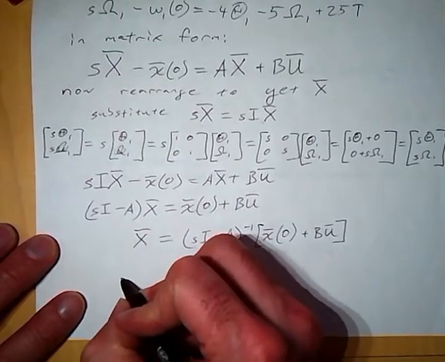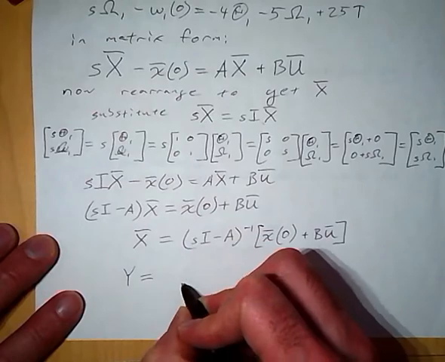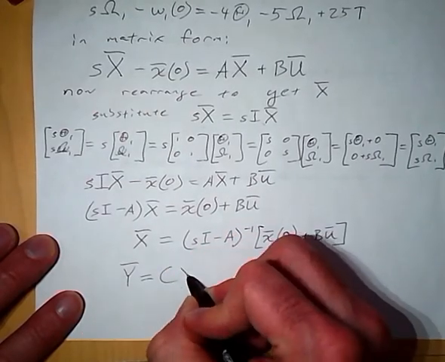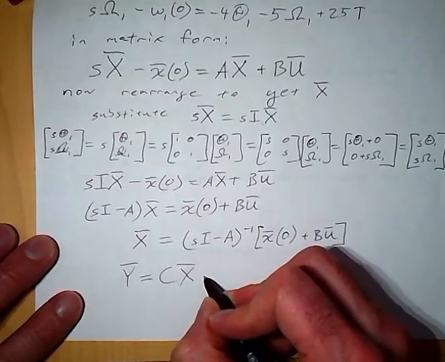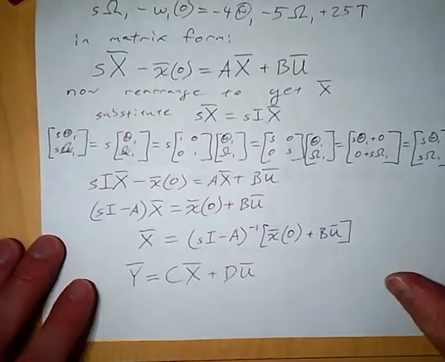And when we want the output, we will take the Laplace transform of the output equation, so that gives us Y. The Laplace transform of the output is C times the Laplace transform of the state plus D times the Laplace transform of the input. So now back to our example.